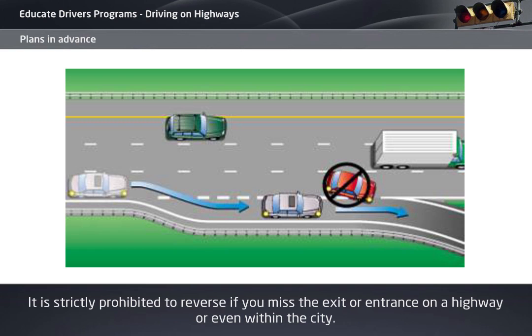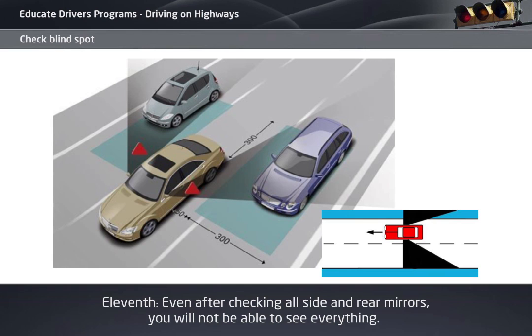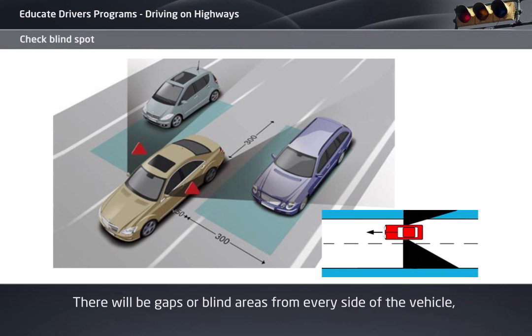It is strictly prohibited to reverse if you miss the exit or entrance on a highway or even within the city. 11th, even after checking all side and rear mirrors, you will not be able to see everything. There will be gaps or blind areas from every side of the vehicle, allowing you only to see vehicles located in specific points.